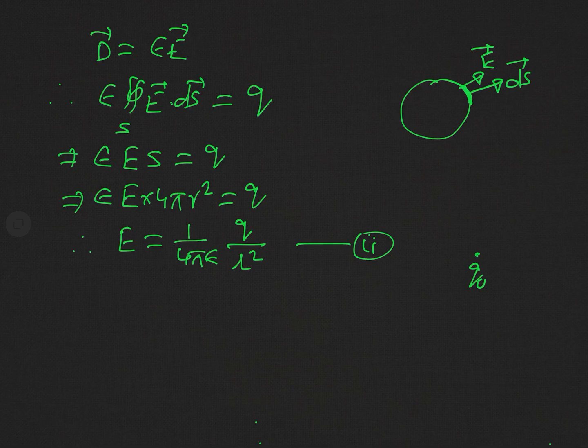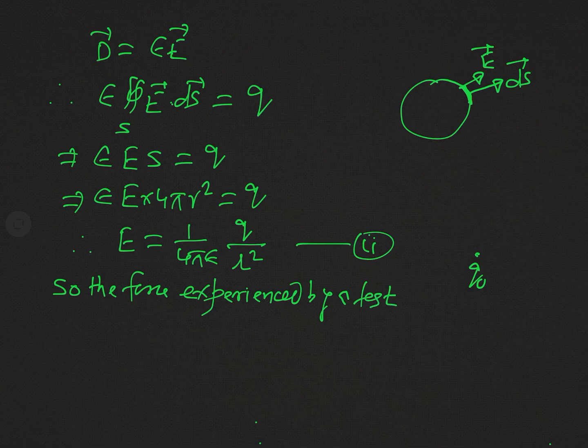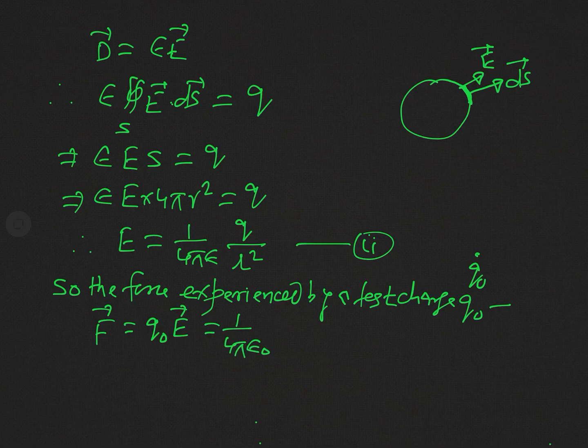You know that the test charge experiences a force which is equal to Q into E. So the force experienced by a test charge, say Q naught, is given as Q naught into E, and this will be 1 over 4 pi, not epsilon naught but epsilon.